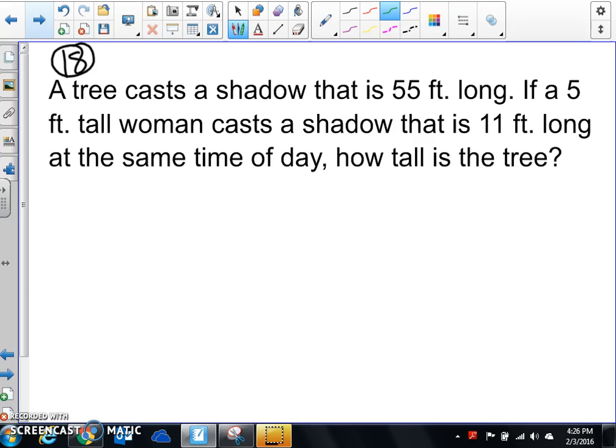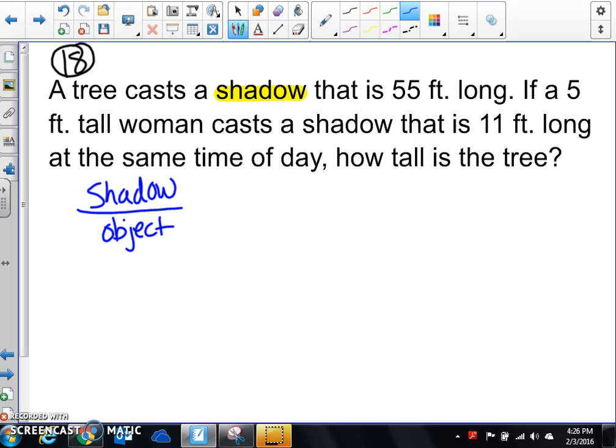A tree casts a shadow that is 50 feet long. If a 5-foot tall woman casts a shadow that is 11 feet long at the same time of the day, how tall is the tree? All right, so we're talking about shadows and objects. Every time you see anything about shadows, just do shadow over object.